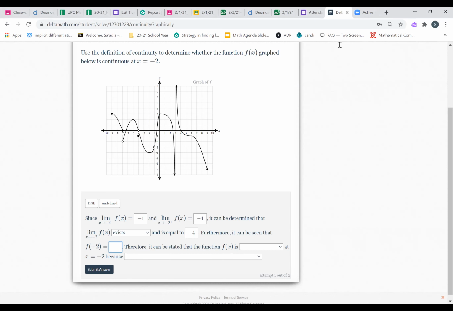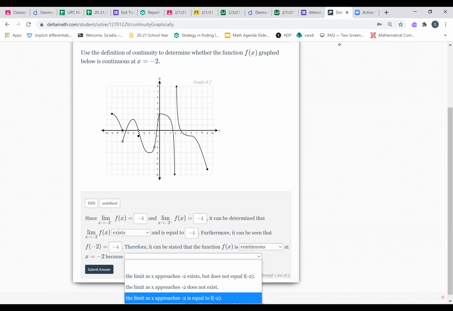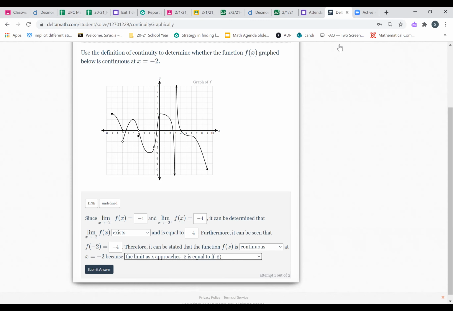So f of -2 is also -4. So my limit exists and my limit equals my y value. So I'm continuous because the limit as I approach -2 is equal to f of -2.